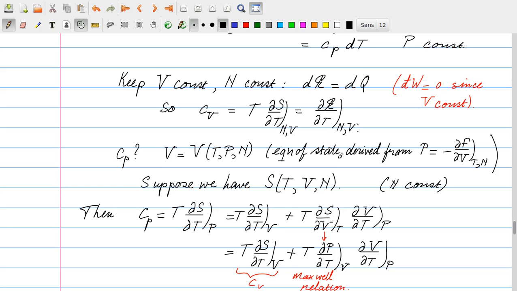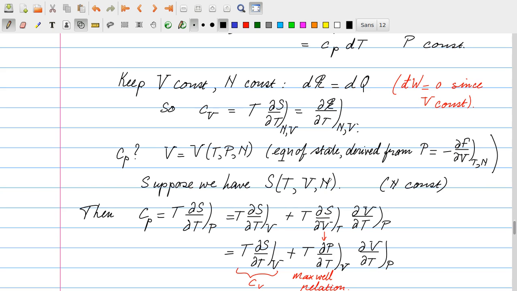Like for the ideal gas, that's P times V is NkT. So that is the equation of state that we will use, and suppose that we have an expression for S as a function of T, V and N.